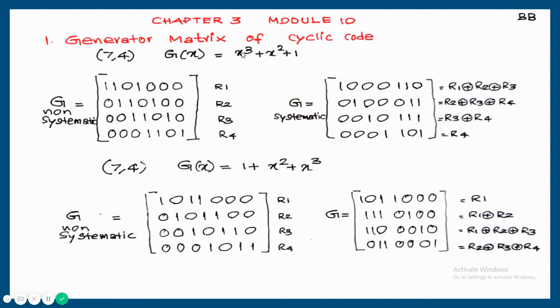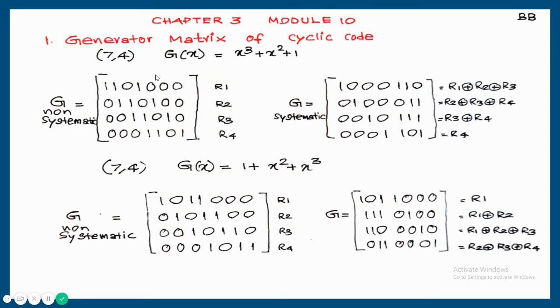The generator polynomial is x cube plus x square plus 1. First I will show how to make a non-systematic G for this polynomial. Using this polynomial, you determine the non-systematic code for the message 1000.